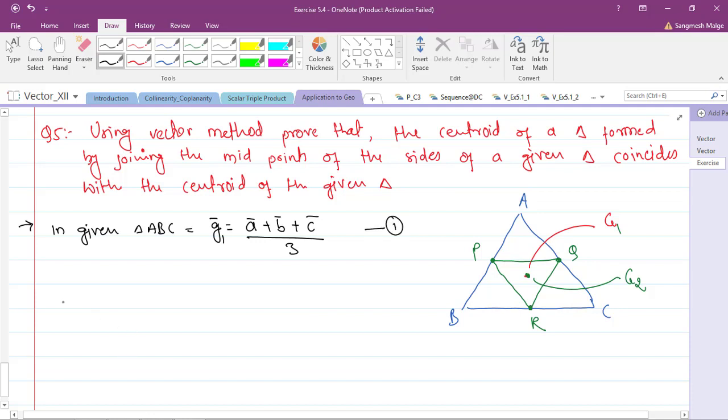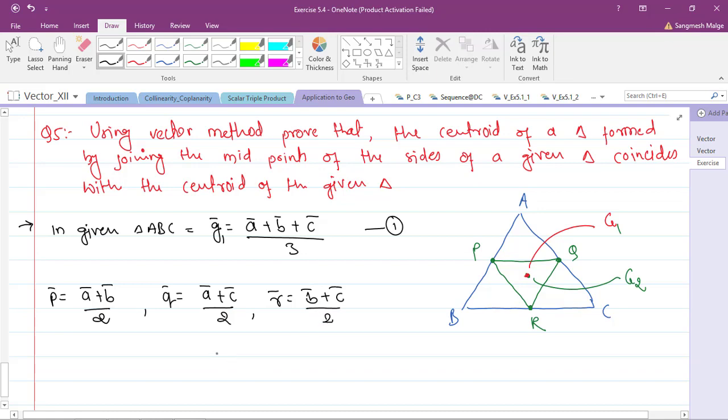Now let's find P, Q and R bar. P bar is the midpoint of AB, so it will be A bar plus B bar by 2. Q bar is the midpoint of AC, so it is A bar plus C bar by 2, and R bar is B bar plus C bar by 2.